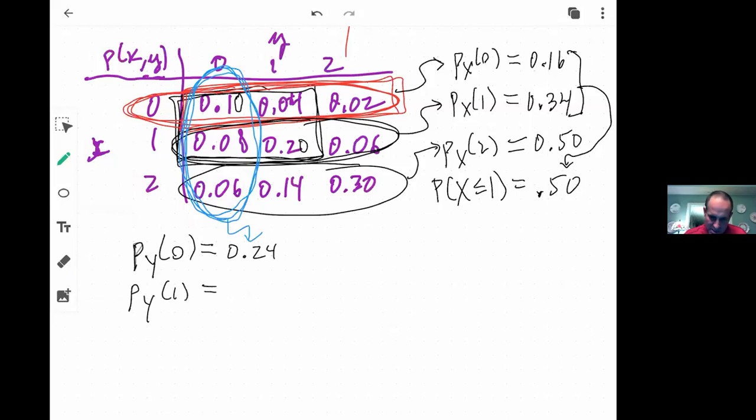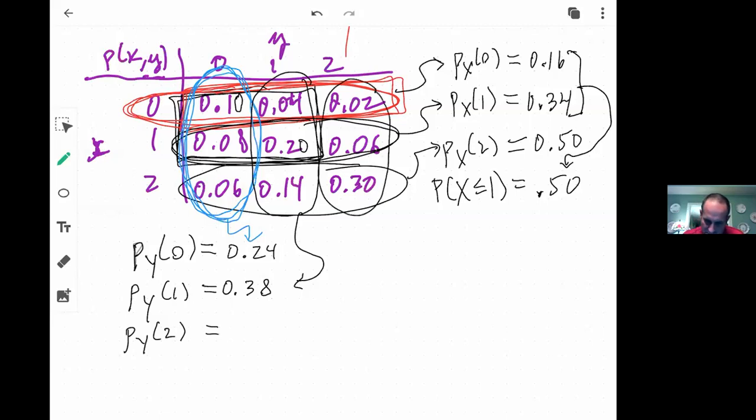I add up everything in the 1 column here, which are these entries right here. So what do we get? Well, we get 0.38. Just to check ourselves, we should add these together. That's 0.62 total, so we'd expect to get 0.38 for the last one, and indeed that is the case.